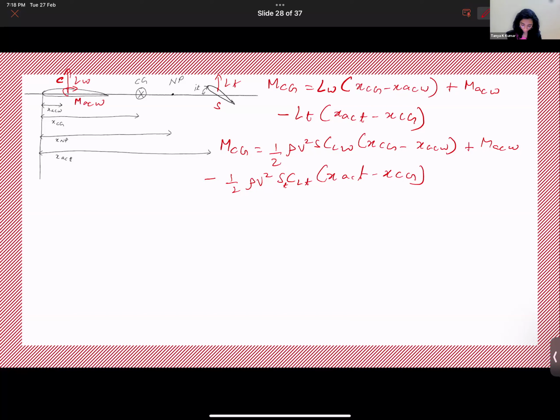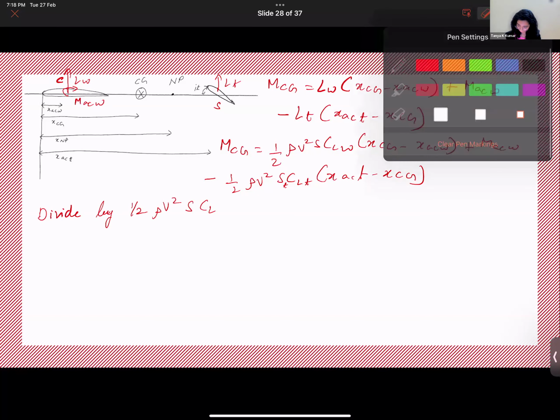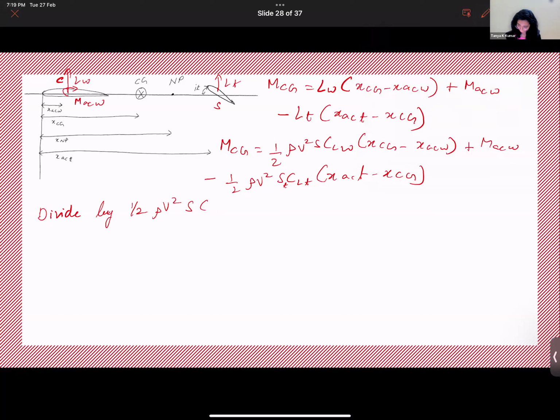So it makes it easier. So you divide by half rho v square S C bar, on both sides by the same quantity.